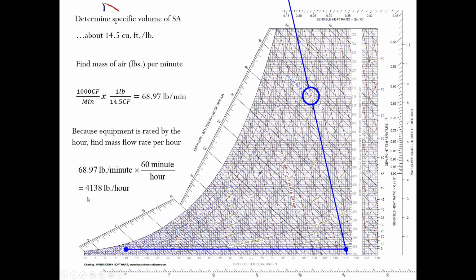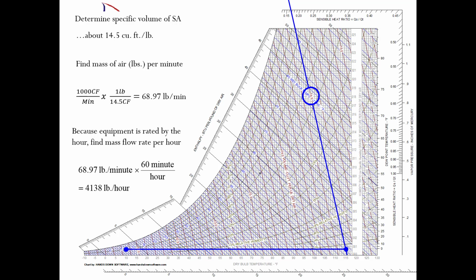We take 68.97 pounds per minute, multiply it by 60 minutes in an hour, and boom, we get 4,138 pounds per hour. And that's the amount of supply air at 115 degrees that we need to supply to our space.